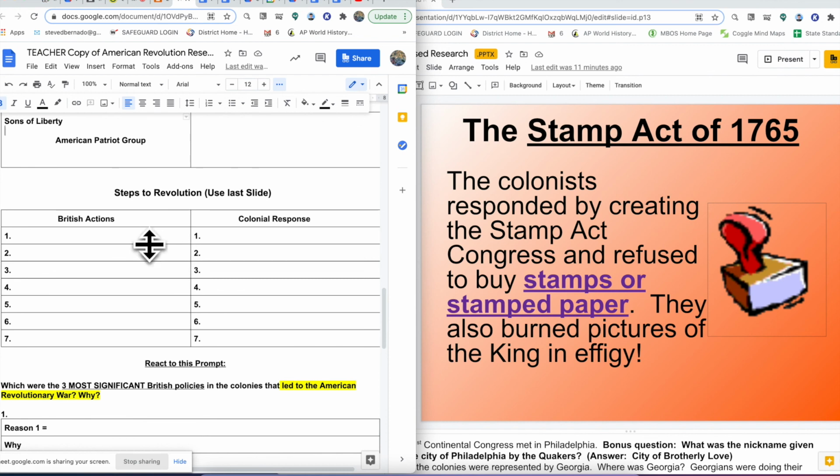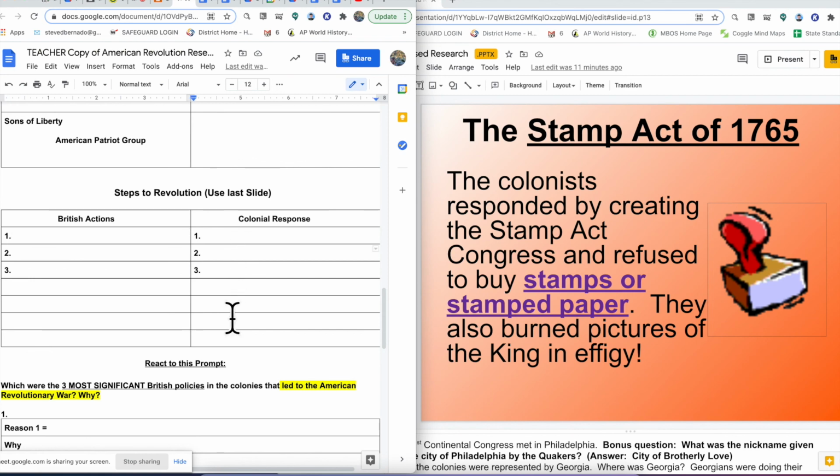And then what you do is I'm going to cut this down. All I want is 3. See what it says down here? British actions, colonial response. What do you think were the 3 unfair laws from the colonist perspective that you think were the worst that caused the American Revolution?